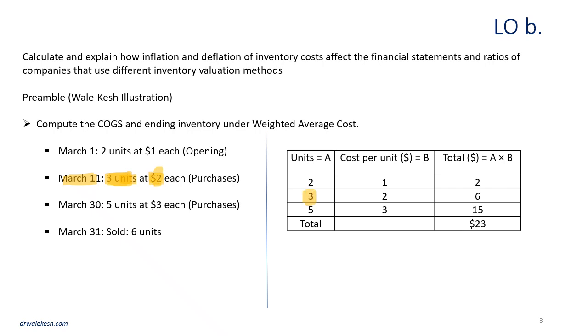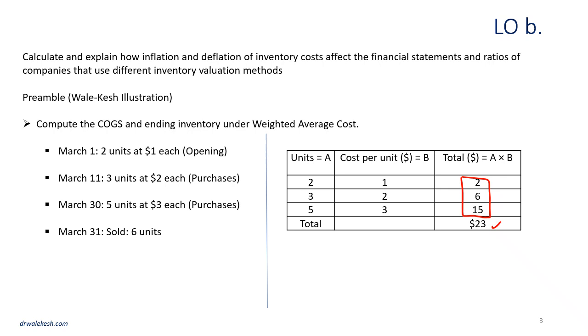That will be 3 times 2, which is $6. Then on the 30th of March, 5 units were purchased at $3. So that will be 5 times 3, which is $15. If you add all of these together, you will have $23.